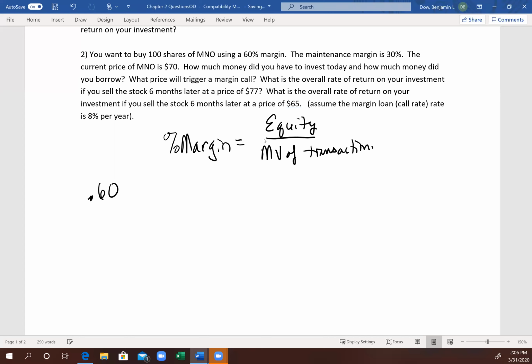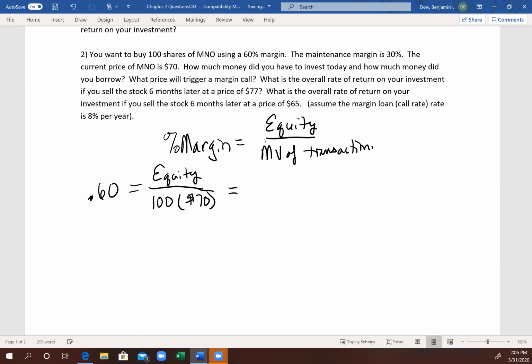The minimum initial margin is 50%, but a brokerage can imply a higher initial margin. So here we're using an initial margin of 60%, and we're wanting to buy 100 shares of M&O at $70.